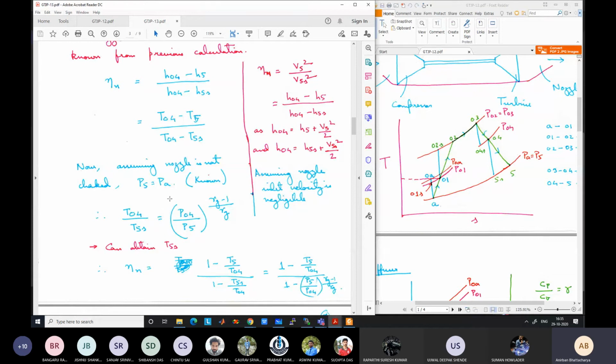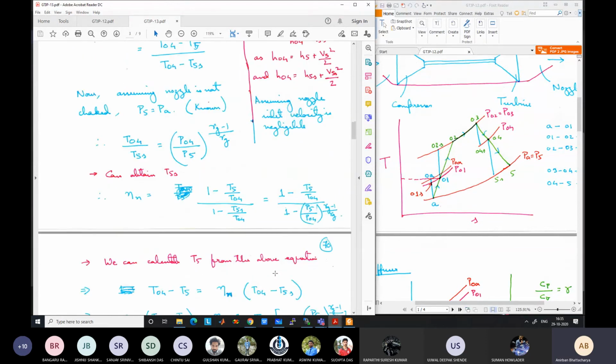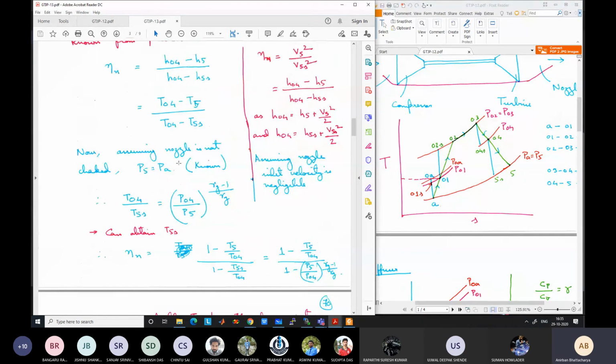Once you know what T5s is, use the nozzle efficiency equation to find the value of T5. This point T5 can also be calculated using the nozzle efficiency. I have written the calculation here, but you can directly calculate it because T5s is known. T5 you can directly calculate because all the other parameters are known.